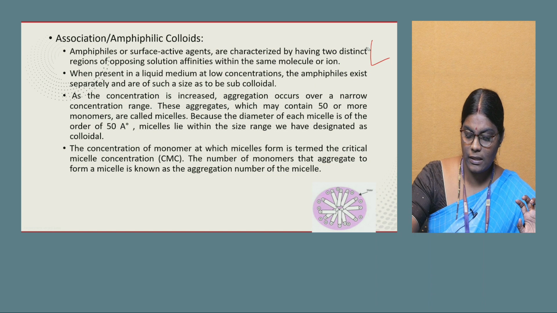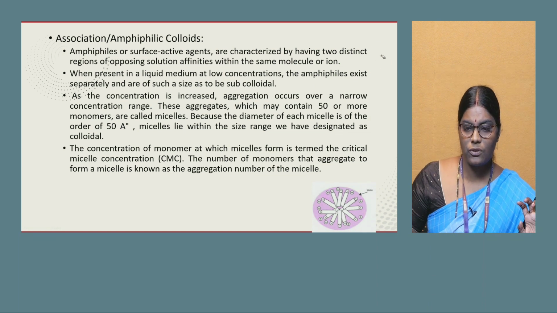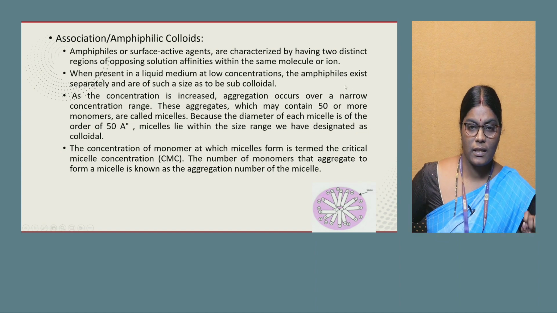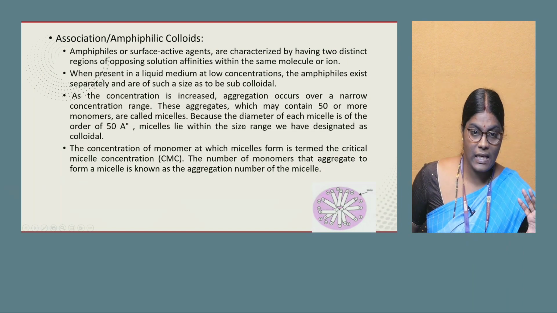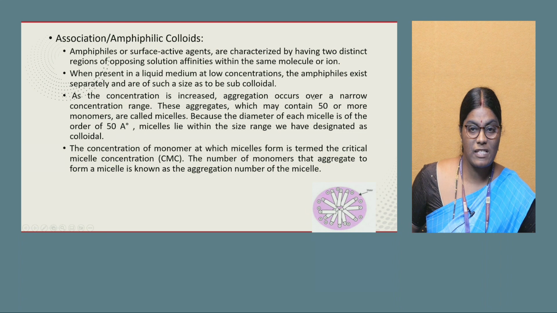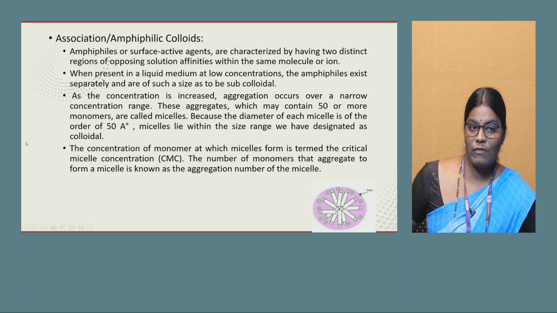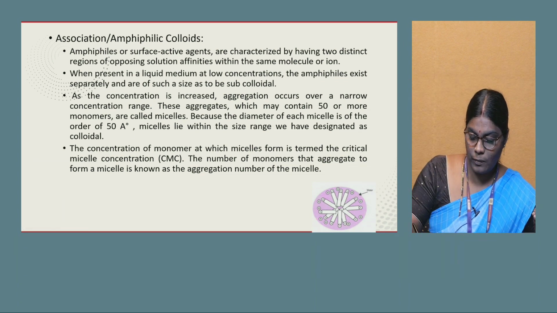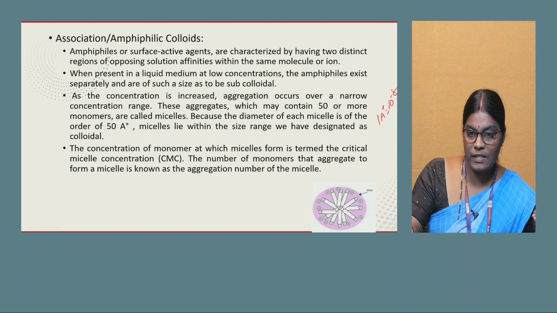If the micelle is formed with 50 or more monomers, that is, the micellar structure contains a minimum of 50 surfactant molecules, then the diameter of each micelle will be 50 angstrom units. 1 angstrom unit is equal to 10 power minus 8 centimeters.